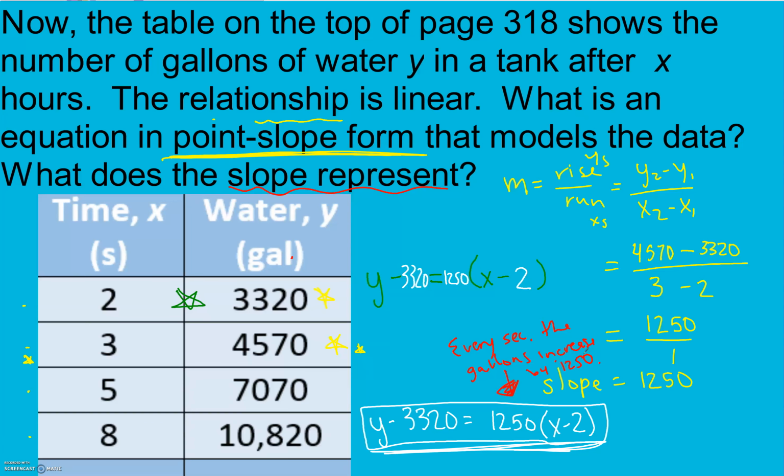So this must be a pretty big tank with a lot of water going into it, but that makes sense. If we say after 2 seconds there's already 3,000, and after 8 seconds there's already 10,000 gallons. So that seems like a reasonable answer here based off our values.